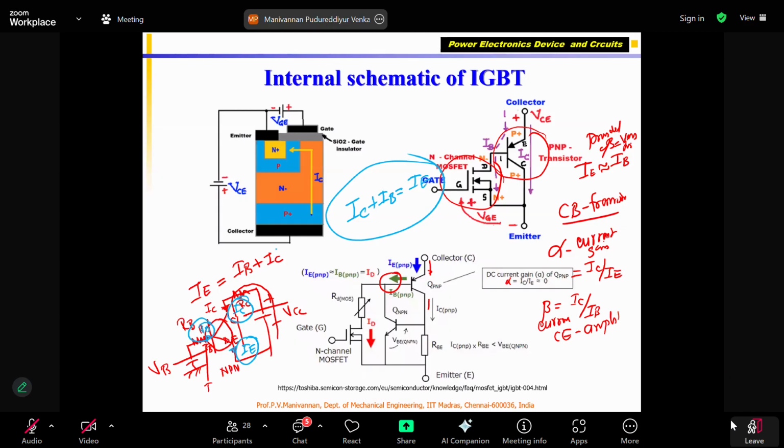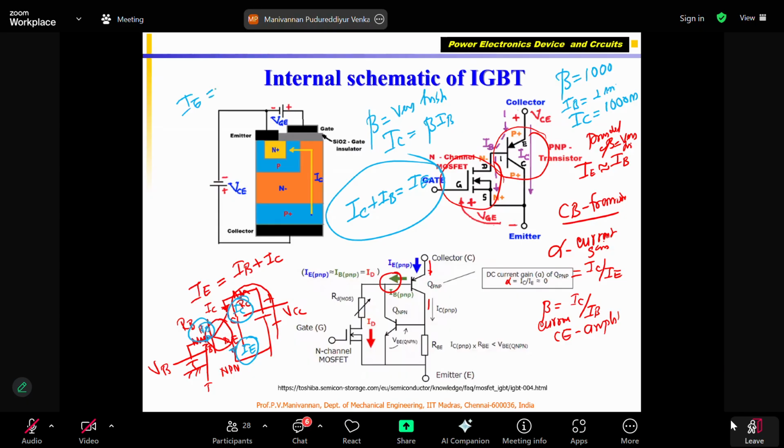Then if the beta is very, very high, what will happen? We know that IC equals beta times IB. For example, say my beta equals 1000 and my IB equals 1 milliamp. Then IC equals 1000 milliamps. Now, what is my IE?